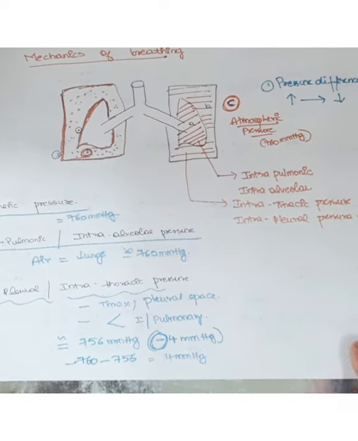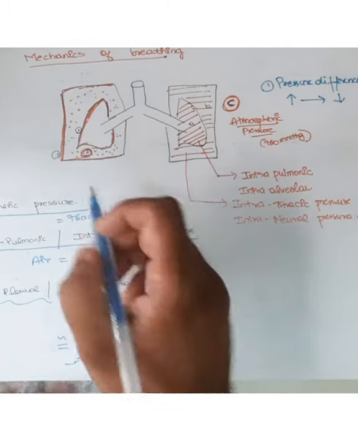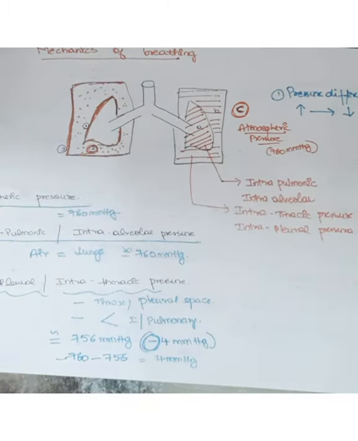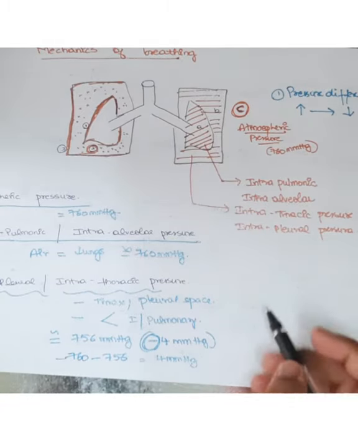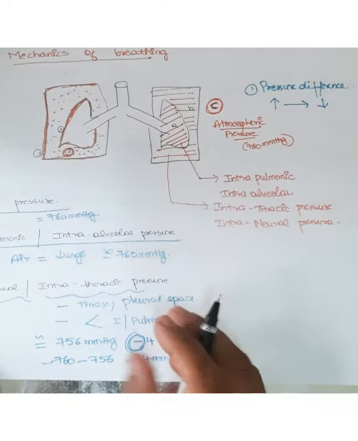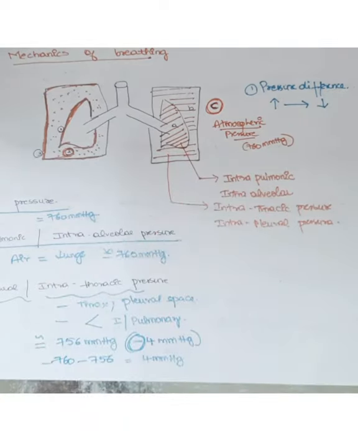Number one, lungs are always adhered to the thoracic wall by the liquid layer between the visceral and the parietal pleura. We have already seen this. And it is purely maintained by the elasticity of the lungs and also the elasticity of the chest wall.